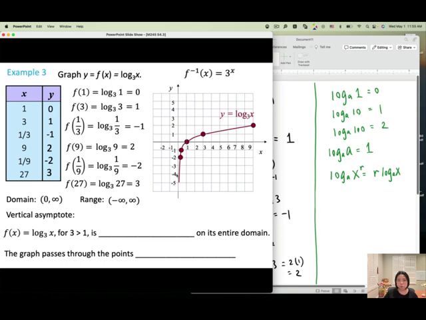Vertical asymptote, that will be this equation, right? The y-axis, that's called x equal to 0. And then f of x is going to be increasing and continuous. The graph passes through the points, you could pick any of them, I just highlighted these 3 points. They pass through these 3 points.